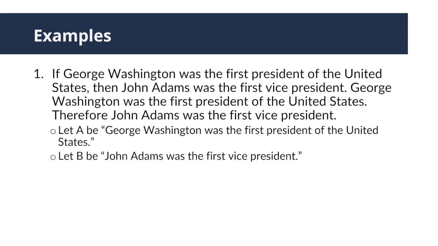And let B denote John Adams was the first vice president. And we use this one to represent this argument, because the first proposition, this if-then, can be represented by A implies B. So this is the representation of the whole argument.